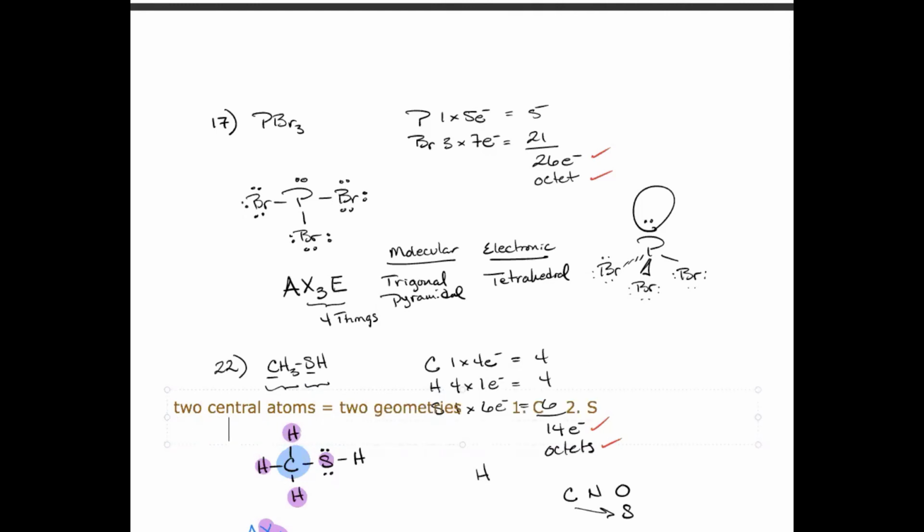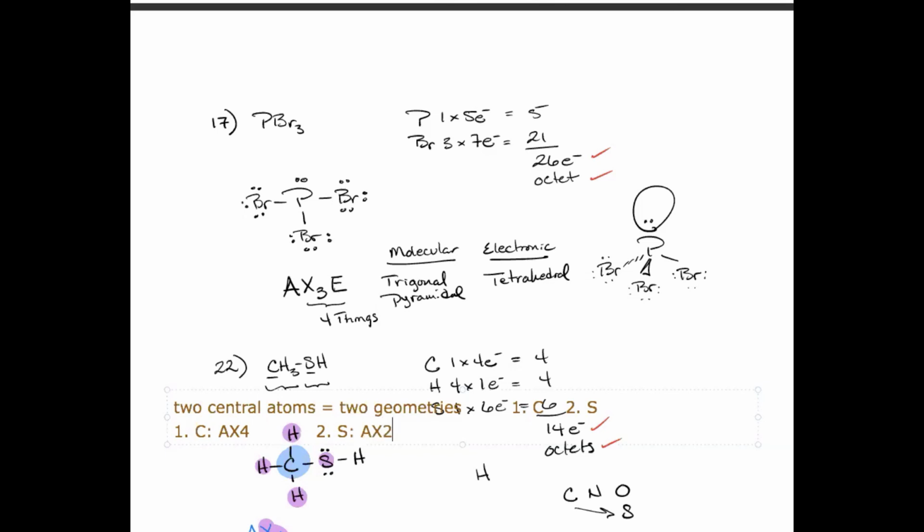First, let's look at carbon. How many atoms are attached to carbon? 4. So AX4. Are there any lone pairs on carbon? No. So carbon's AX4. What about sulfur? There's 2 atoms. So if we call sulfur the central atom, it has 2. How many lone pairs are on sulfur?